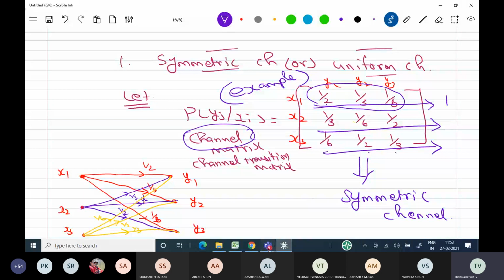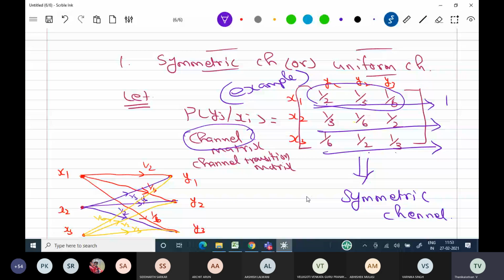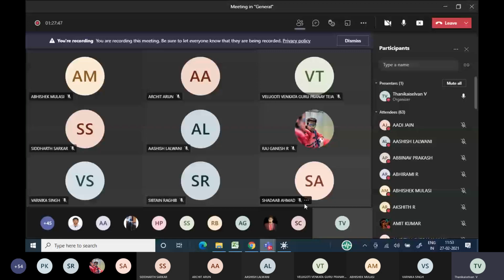Students, what is the property existing in the conditional probability matrix? Sum of all the elements in a row is equal to 1, no? Say yes or no? Yes, sir.